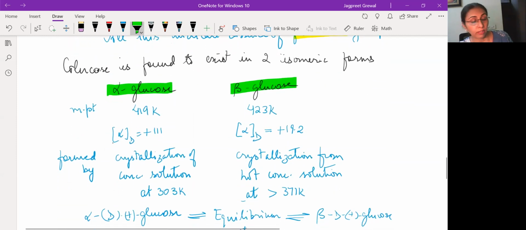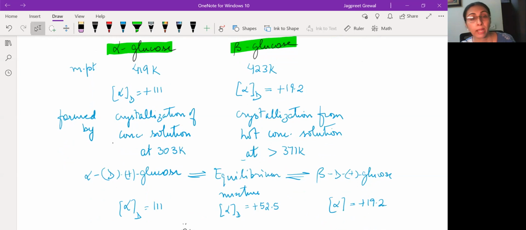What is the difference between them? What is the difference in their properties? The melting points are different. One is 419 kelvins, the other one melts at 423 kelvins. Then their optical rotation is different. Alpha glucose has an optical rotation of plus 111. Beta glucose has an optical rotation of plus 19.2.